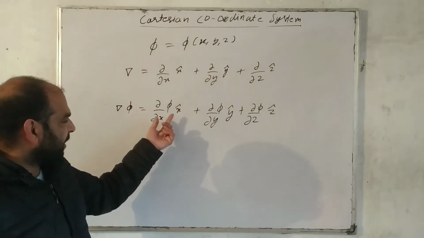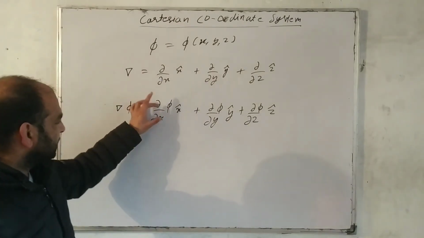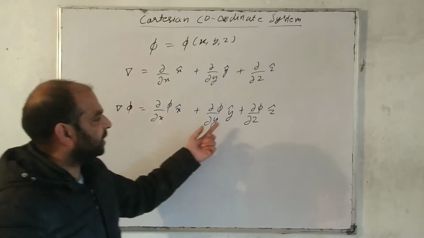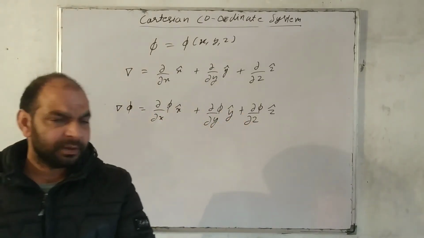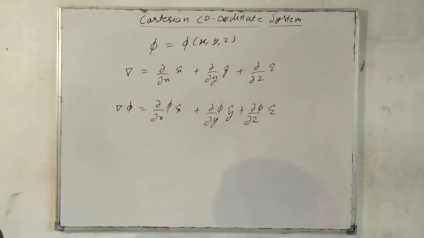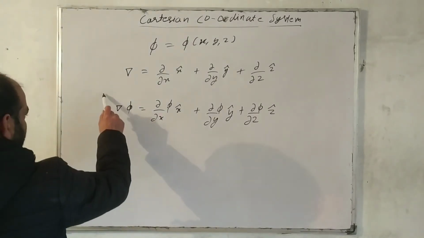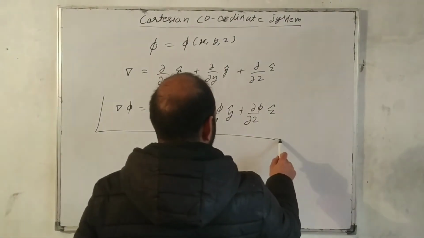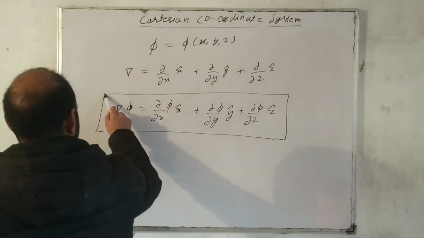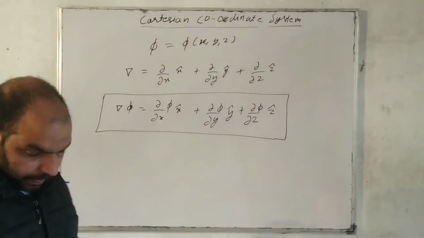It is separately calculating the change in this particular quantity in different directions. That is the meaning of gradient. So this is how we write gradient in the Cartesian coordinate system.